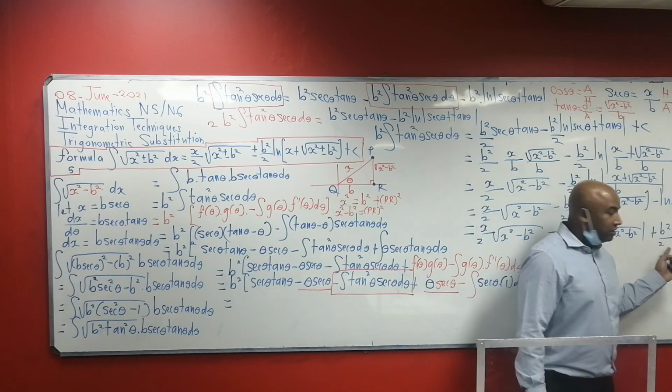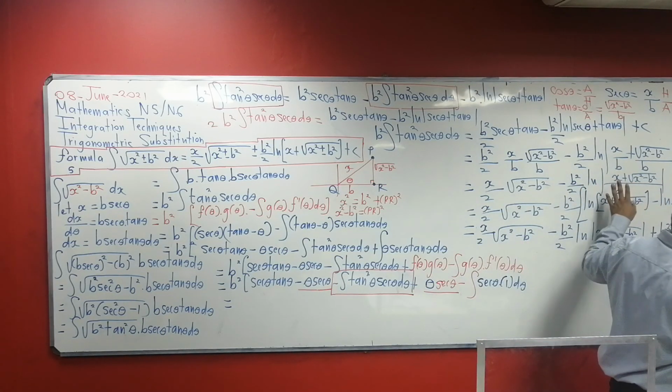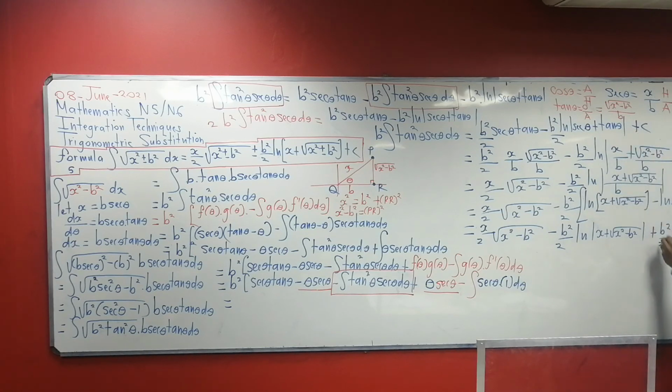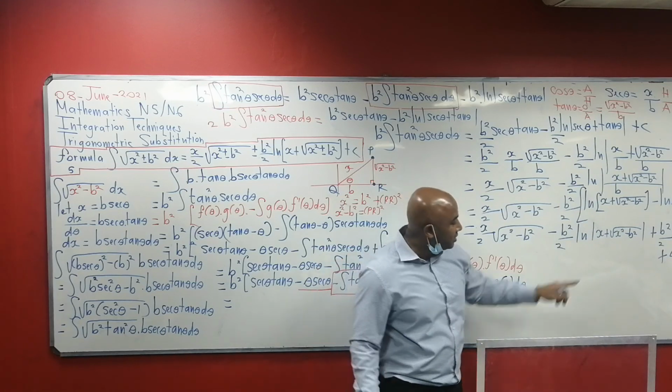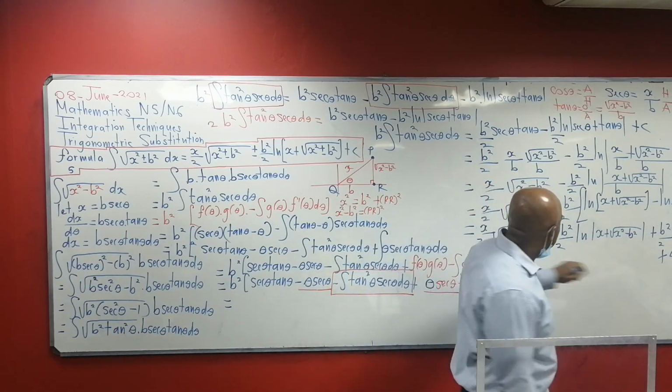Can you see that? Remember, there's my plus c. This can all be added to the constant. So this is negligible when you are working out area or volume, which is coming up in the next chapter. You don't have to worry about the last part.